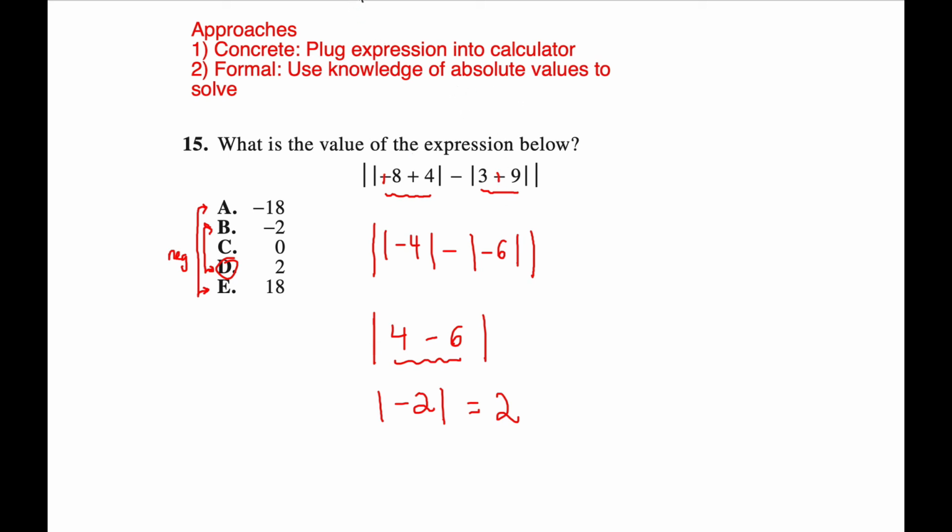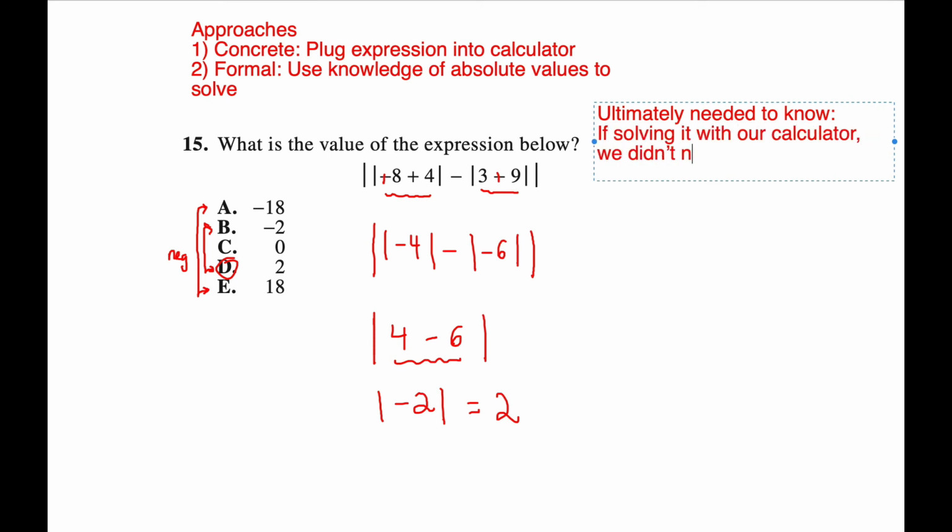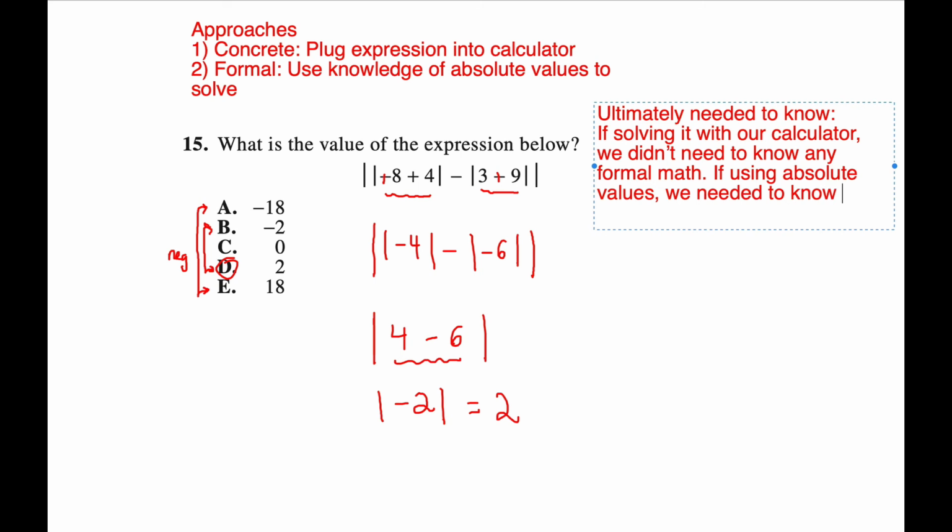All right, now let's think about what we ultimately needed to know for this question. So I'll type it out right here. We ultimately needed to know, if solving it with our calculator, we didn't need to know any formal math. If using absolute values, we needed to know the basics of absolute value expressions.